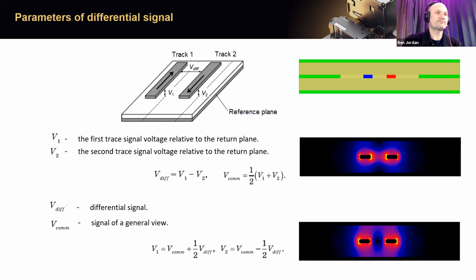Okay, so the voltage at any one instant on track 1 would be the common mode voltage plus half the differential voltage. And similarly on track 2, the voltage at that same location in distance along the trace would be the common mode voltage minus half the differential voltage.